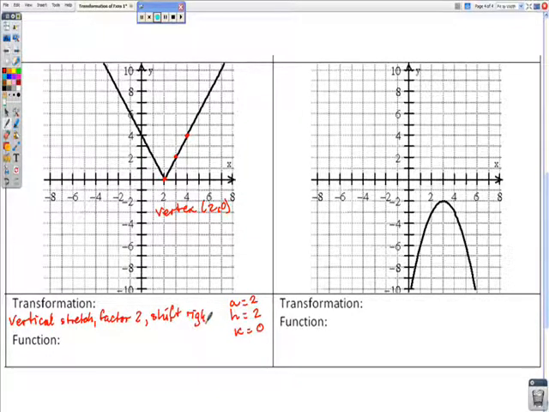Dropping all kinds of letters: by, a, of, all gone. So what's our function? N of x equals 2 times the absolute value of x minus 2.